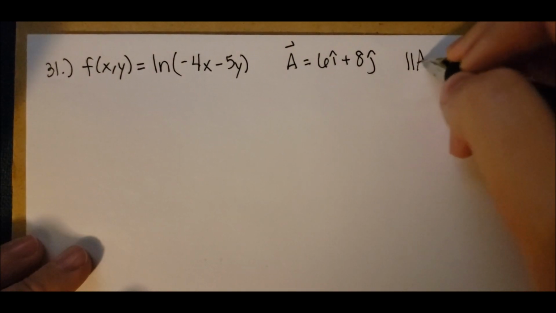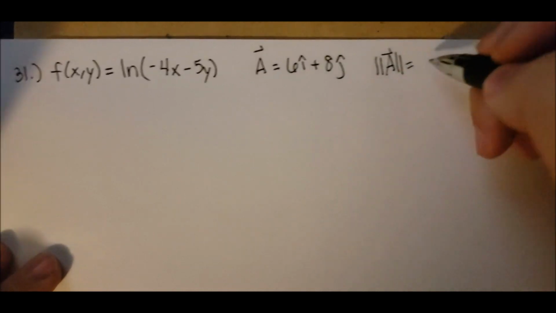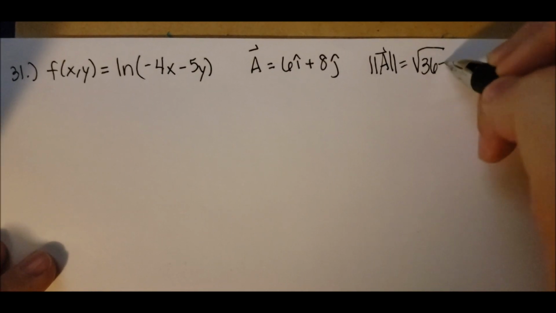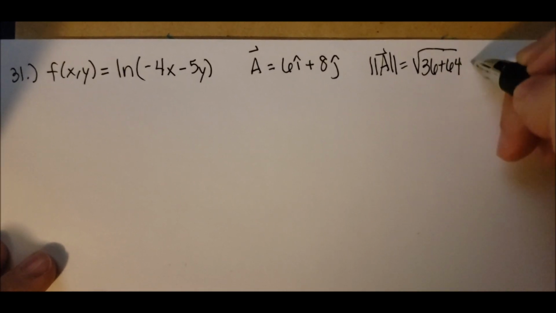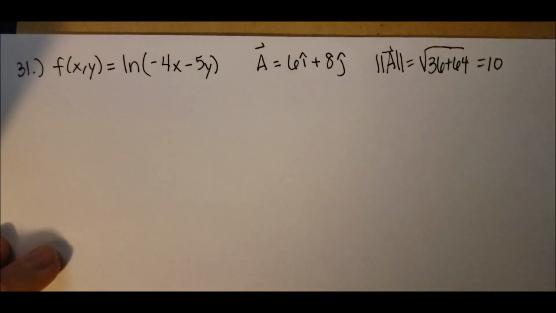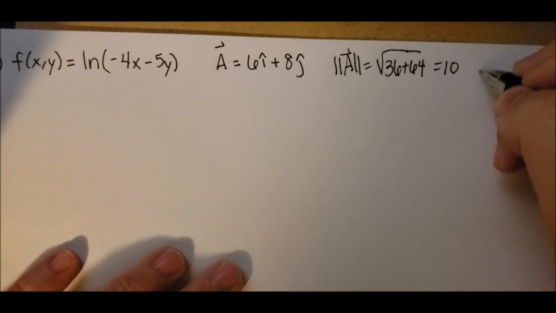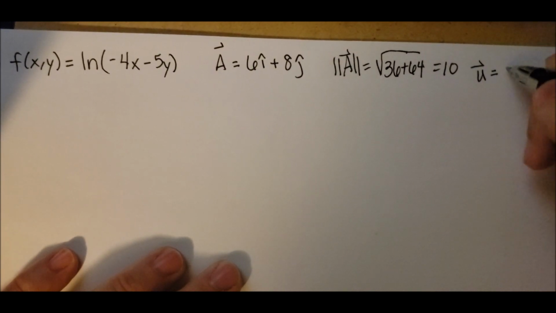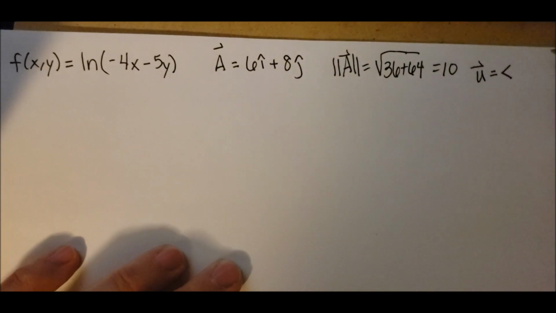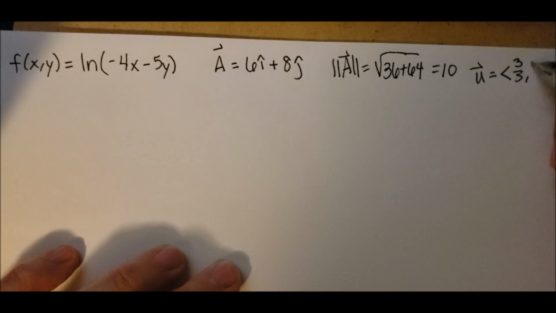So the magnitude of A is 10. So the unit vector in that direction is 3/5, 4/5.